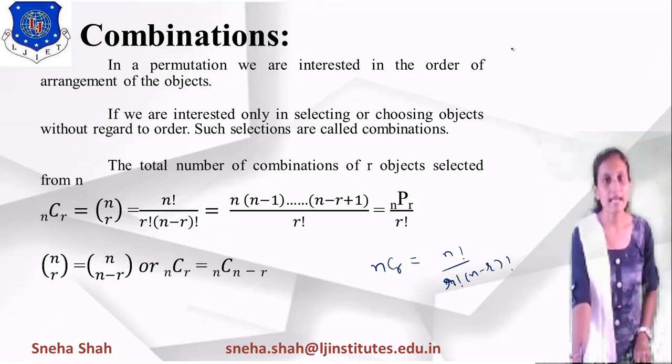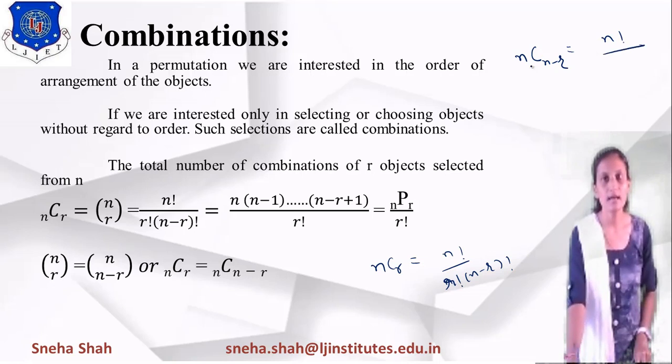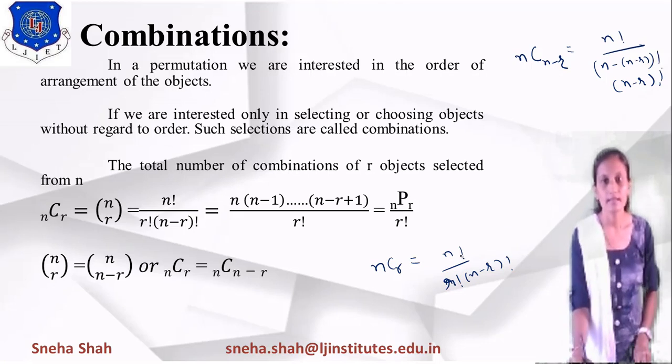Now if I take NC(N minus R), the equation will be N factorial upon the first term minus the second term, meaning N minus (N minus R), into the second term, N minus R factorial.